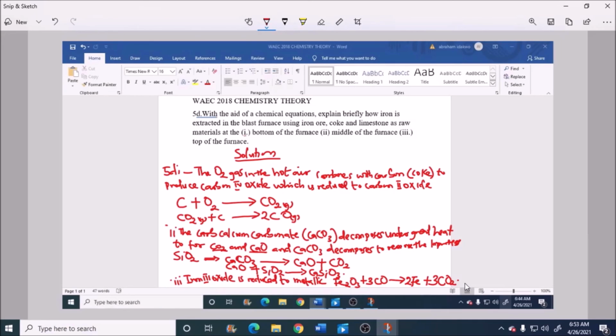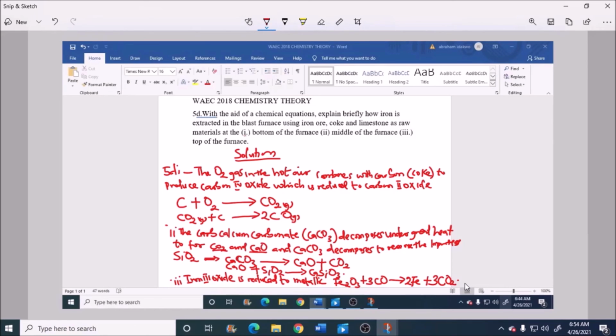And this calcium carbonate decomposes to remove the impurities, silicon oxide. Then we represented that in the equation, CaCO3 giving calcium oxide and CO2, that is carbon 4 oxide. Then we have calcium oxide react with silicon oxide to give CaSiO3. So that is what happened at the middle of the furnace.